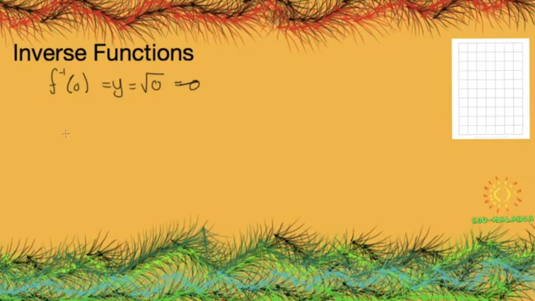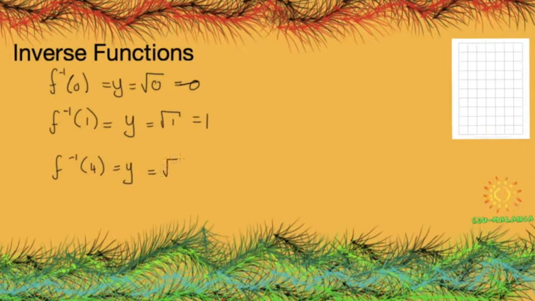You're also allowed to use your calculators, guys. I actually encourage it if you're not confident about certain things you're doing. At 1, we get y is equal to the root of 1, which is 1. And then we can use another positive point. At 4, the square root of 4 is equal to 2.